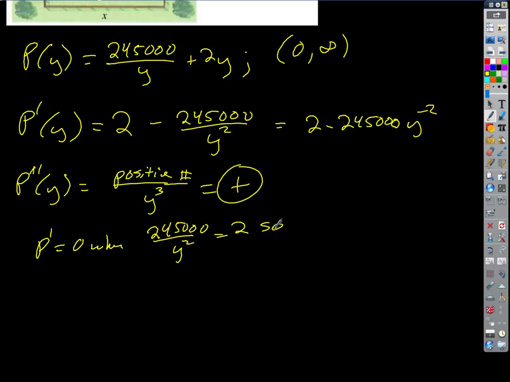So when y squared equals 245,000 divided by 2, and then we just square root both sides, take the positive one, right? Whatever that is, that's our answer. So what's that roughly equal to? This is decimal. 350. 350? Yeah. Is it exactly 350? Yeah. Okay, so it's exactly, all right.